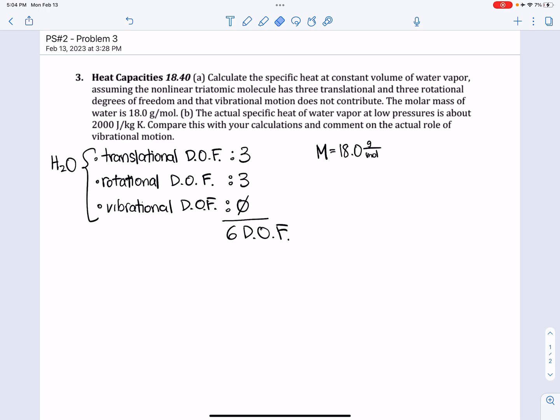And we know the additional heat capacity per mole due to each degree of freedom for a constant volume, right?